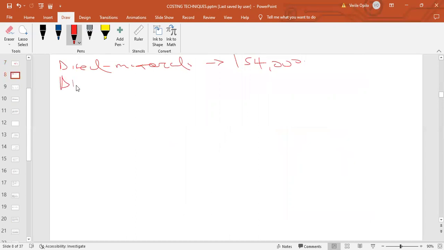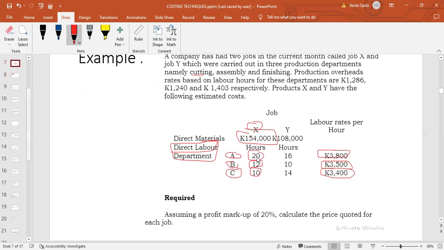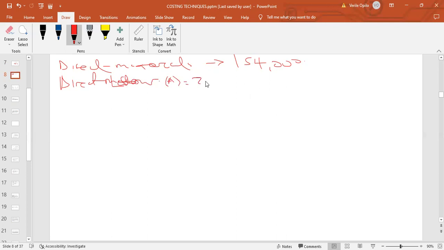So we come here and say, not the materials but labor, sorry. So we have direct labor. So we have department A. In department A, we're going to multiply the number of hours spent there, 20, multiplied by the 3,800. So we come here and say 20 multiplied by 3,800 should give us the total cost that the company spends there.